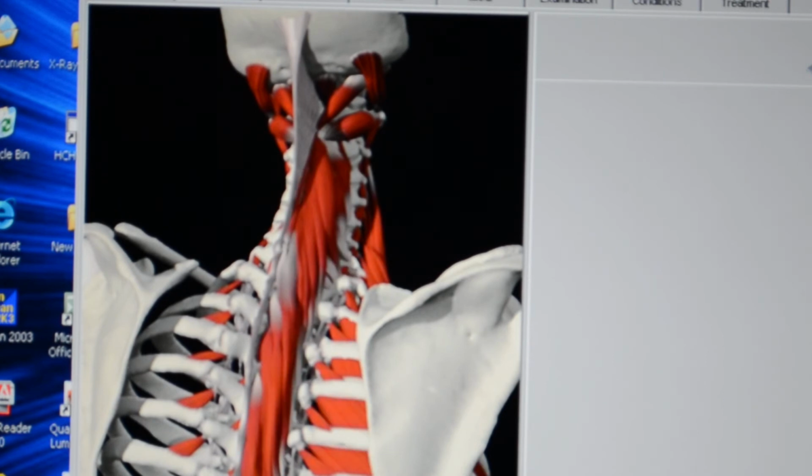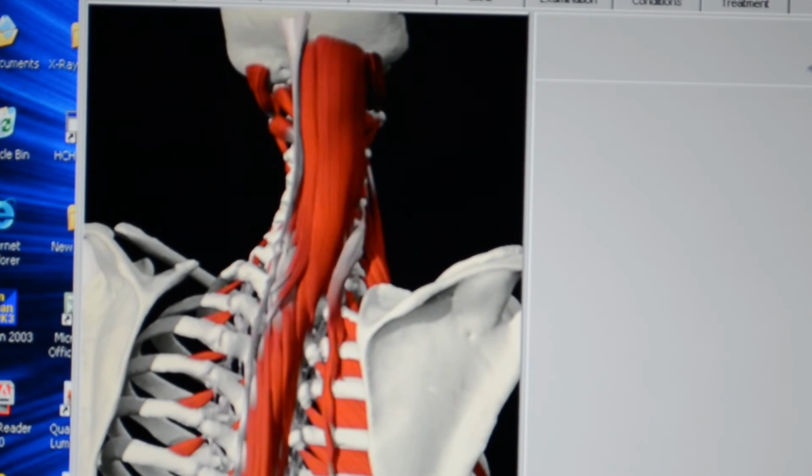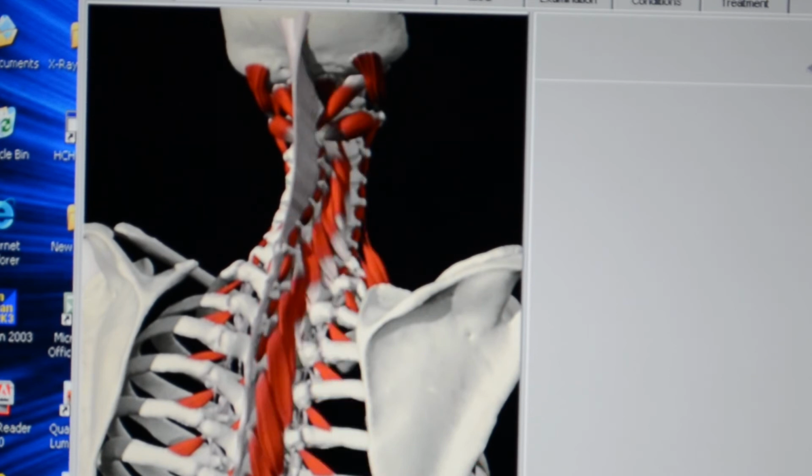They start to try to take over for those multifidus muscles. And since they span many levels, they cannot move an individual vertebrae from one to the next as accurately. As we see here, this comes from the head and it comes all the way down and through here. It is attaching on the way, but it cannot produce that fine, accurate movement. When this occurs, we're breaking down our facet joints, we're breaking down our discs. We're producing pain at that time.